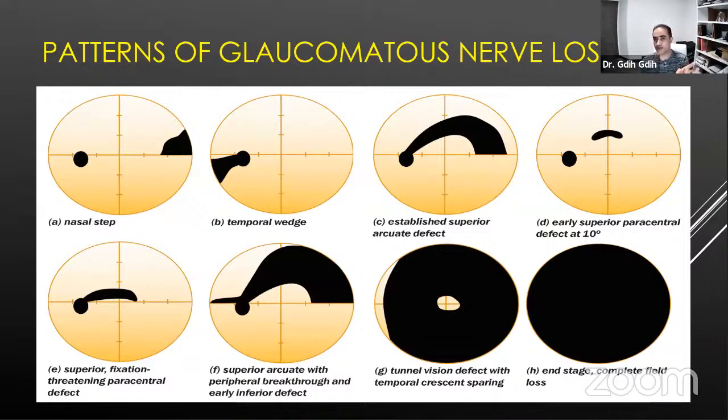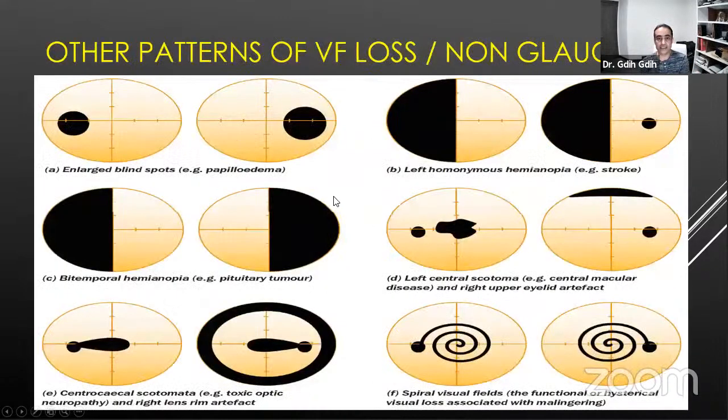Rule number one, we said it has to make sense. It has to make sense from an optic nerve standpoint. It has to make sense on the printout, in an area that's common for glaucoma. And then it has to be non-glaucomatous too. So what are the non-glaucomatous? If you see an enlarged blind spot, that's usually not glaucoma.